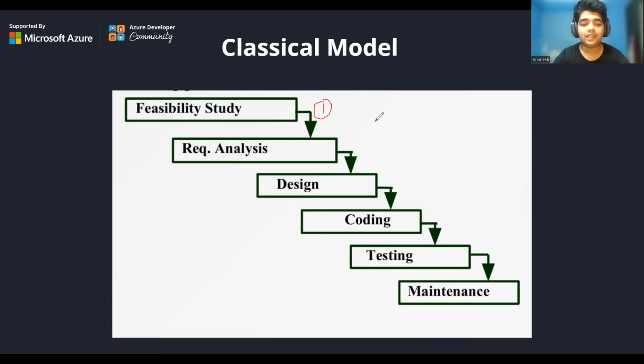Other than that, it actually has a lot of work behind this part. That's why in the earlier days it was the first part. You can see it as the first process model that was ever introduced while making the SDLC. That's why it has a few more steps in between the feasibility study and the requirement analysis.